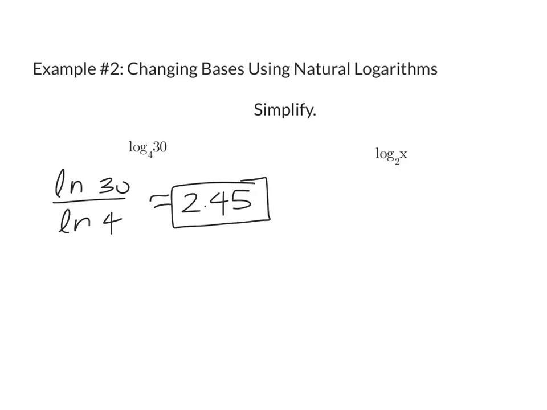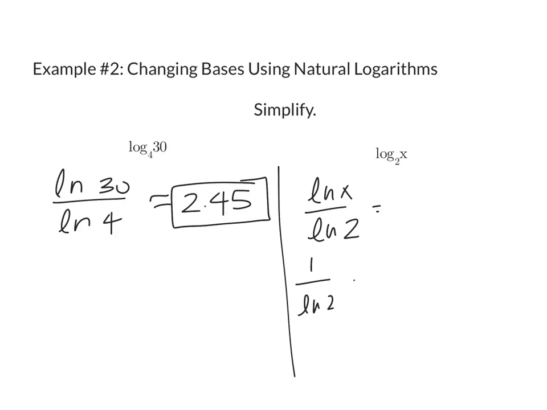All right, the last one, log base 2 of x. Again, we'll split this up as the natural log of x over the natural log of 2. But that becomes two fractions as 1 over the natural log of 2 times the natural log of x. 1 over the natural log of 2 is 1.44, and then we just attach the natural log of x.